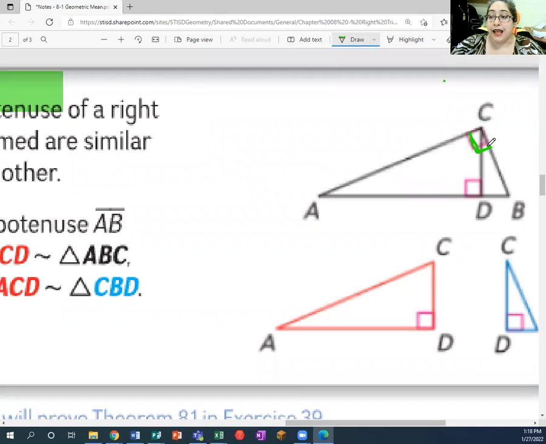Notice how that right angle marker goes from this side to this other side. So it doesn't stop at the altitude that's been drawn right here. So here I have the right angle of my big triangle ABC, which means this particular side is the hypotenuse.